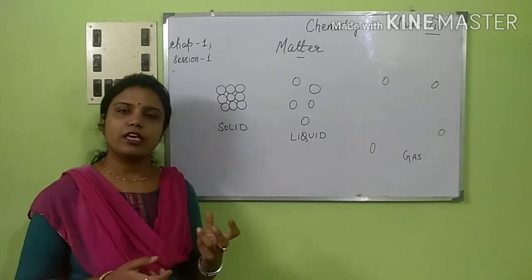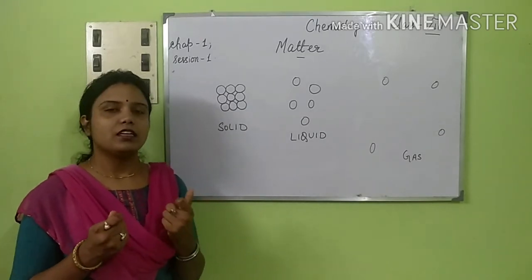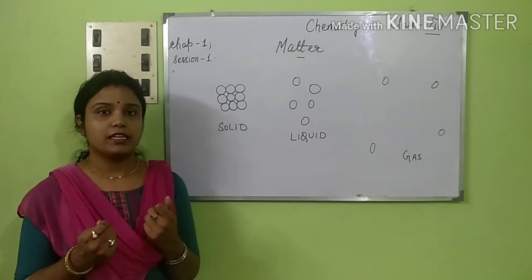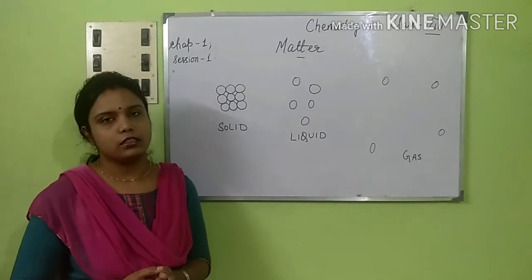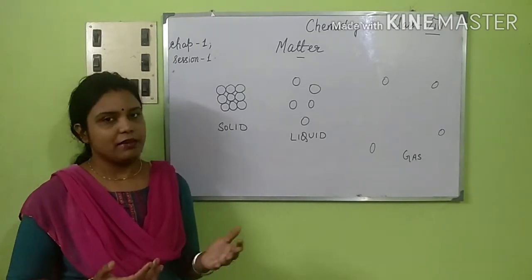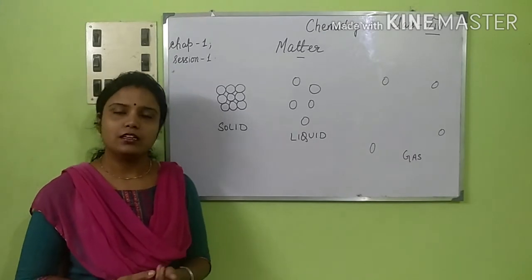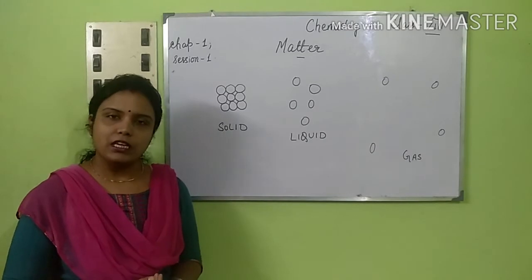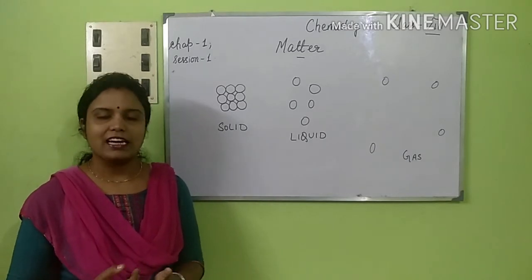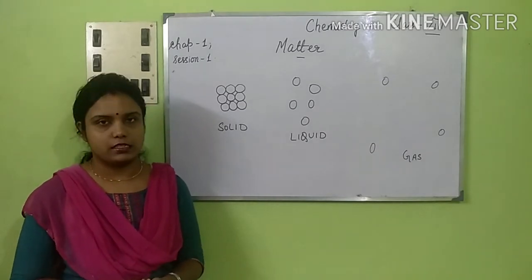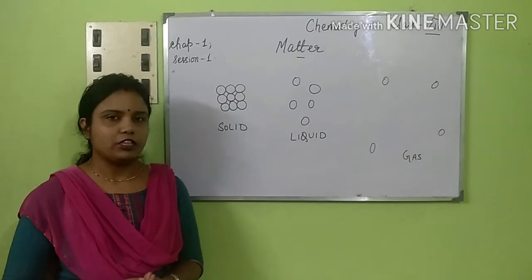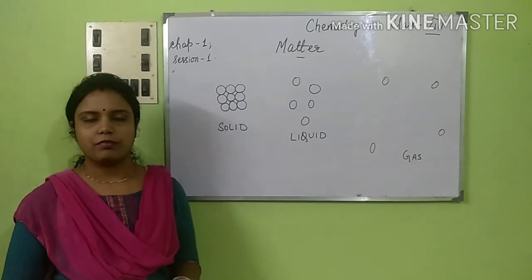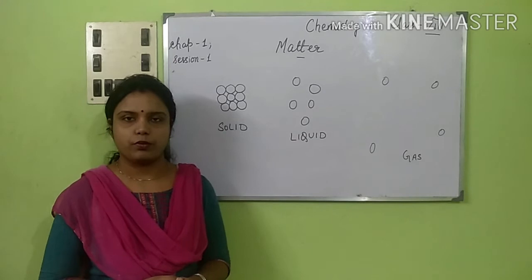The things which we can hold, which we can sense, everything falls under matter. So the same definition applies here also: matter is something that occupies space and has mass and can be perceived by our senses. The same definition as in physics, we use in chemistry.